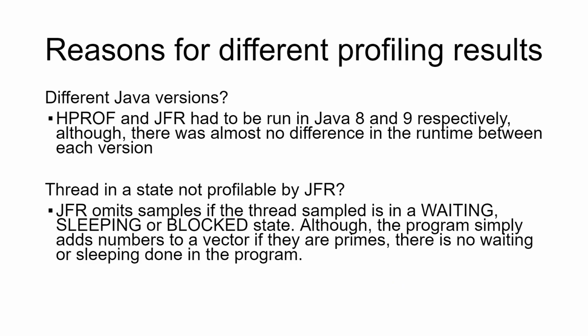As I mentioned before, HProf runs in Java 8 and below, whereas JFR runs in Java 9 and above, so we did have to run the program on different Java versions for each. Although when we looked at the average runtimes, there's almost no difference between each version. So it can't really be that we're seeing half as many samples from the JFR profiler just because of this tiny difference in runtimes over versions.